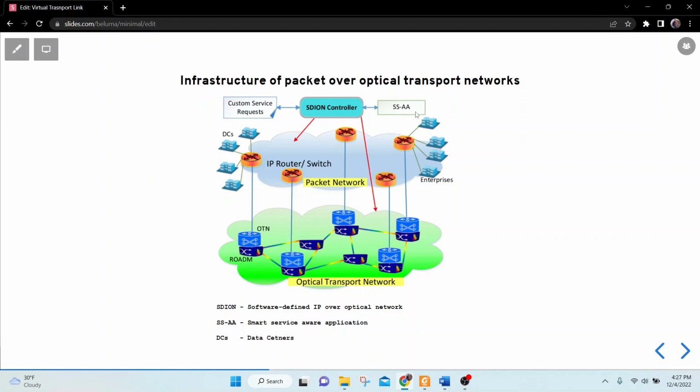SDAA is a smart service-aware application, and in this case, in the IP router switches, we have data centers. Also, we have enterprise end-to-end connection. So in this case, we have to use the optical transport network, and they are using the SDION controller to adjust the bandwidth and traffic allocation.